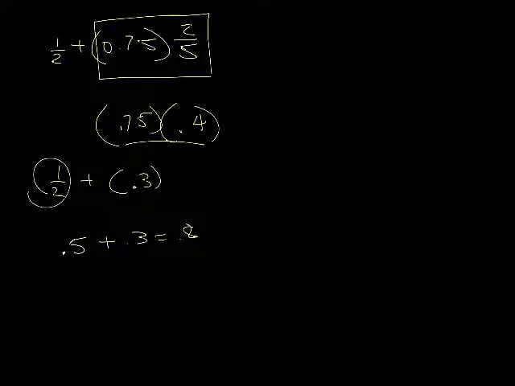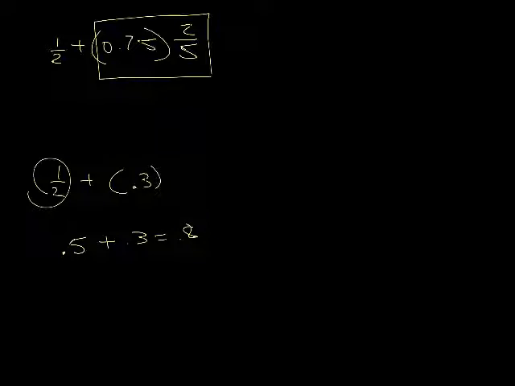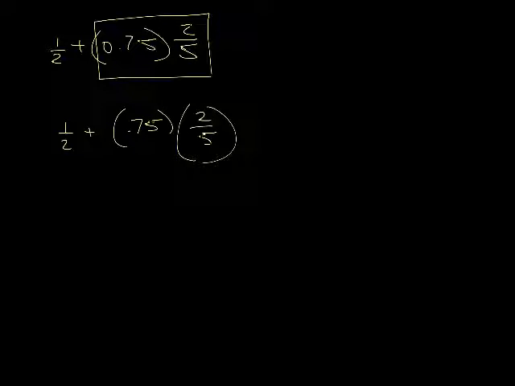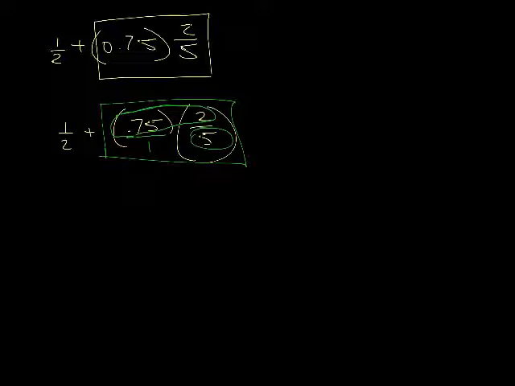Another method that we could use to solve this, and it just depends on what you want to do: we could have 1/2 plus 0.75 times 2/5. I'm just rewriting this again. I can take this here and pretend it's over 1, multiply these two together, 0.75 times 2, and then divide by 5.